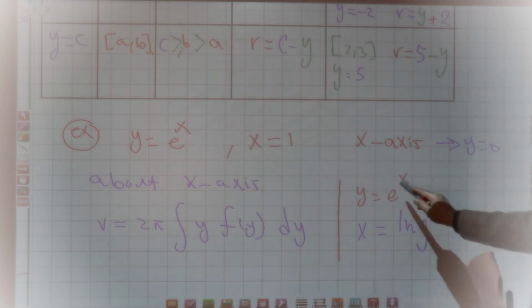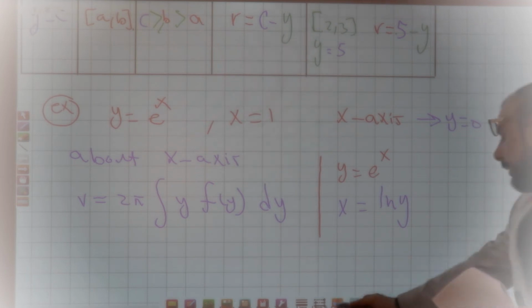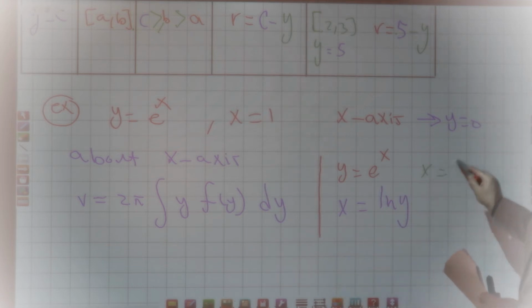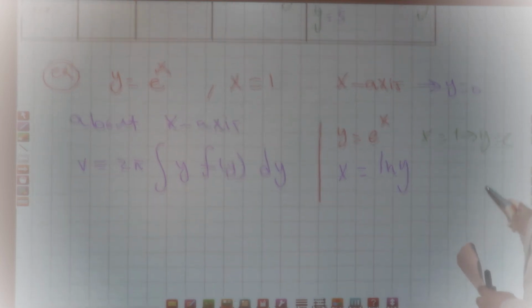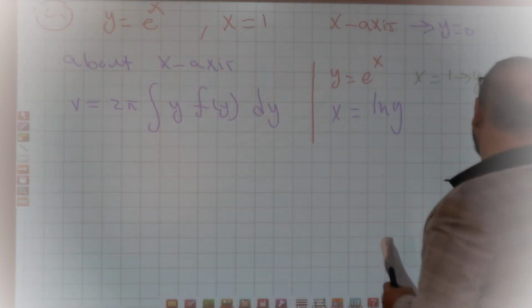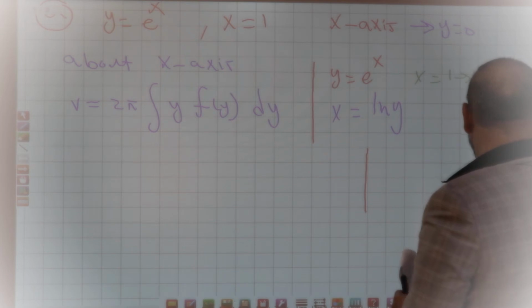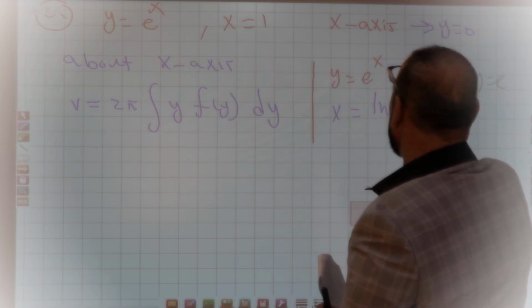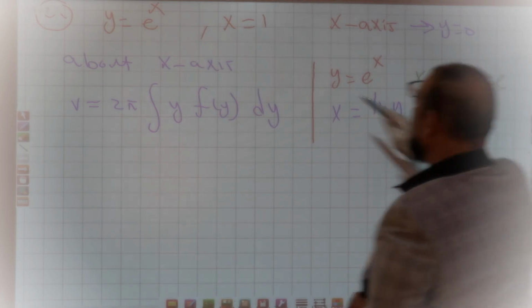When x equals 1, y equals e. Let me just use x equals 2 because I need an area and the x-axis. Can I change x equals 1 to 2?